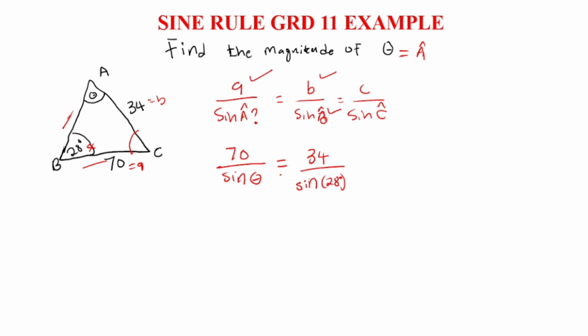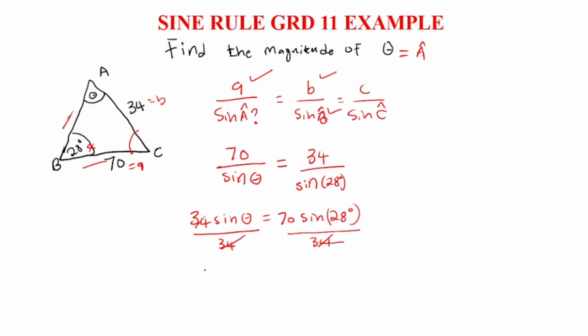Then we do the mathematics, the cross multiplication. You're going to have 3/4 sine theta equal to 70 multiplied by sine 28 degrees. Therefore, since we are looking for theta, we're going to divide both sides by 3/4, so it cancels out.